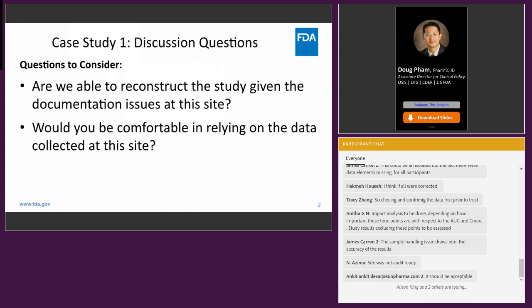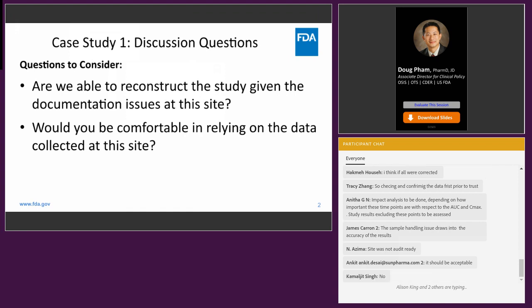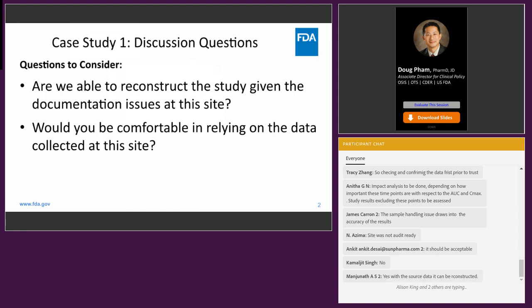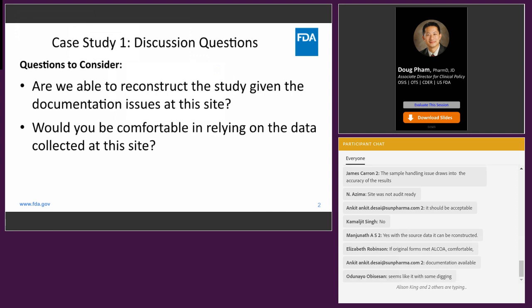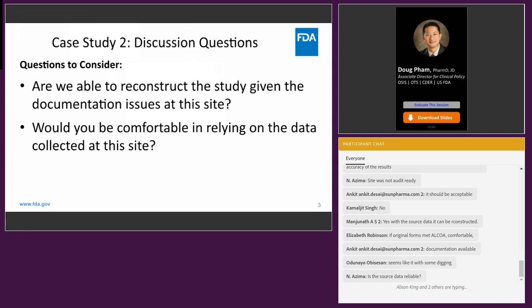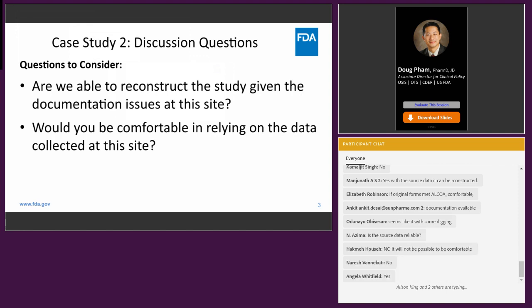Okay, so now we've got the same scenario, right? But a whole new twist. We've discovered that the site was actually using a wholly different set of CRFs or source documentation to record all the data elements, and then they had issues because there was a sponsor or CRO form that they were supposed to use but didn't use, and they transcribed all of it into the form required by the CRO.